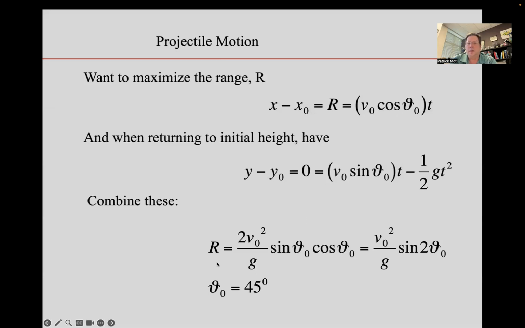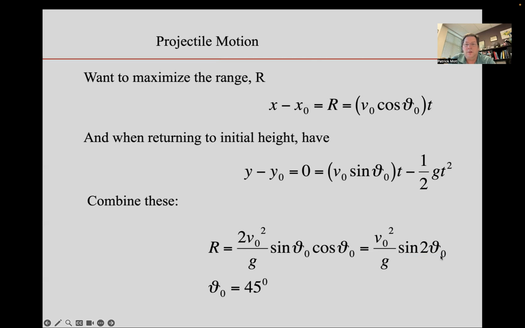The upshot of that is the range is twice the initial speed squared over g, and then times the sine and cosine of the initial launch angle. And there's a nice little trig identity that 2 sine theta cosine theta is the same thing as sine 2 theta.